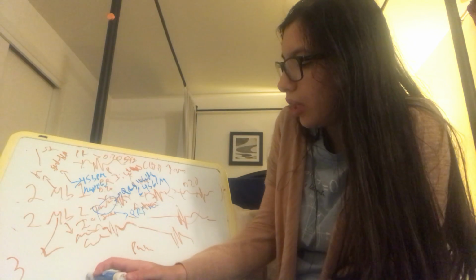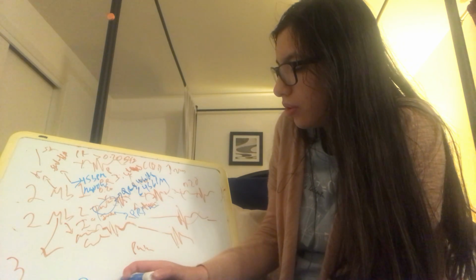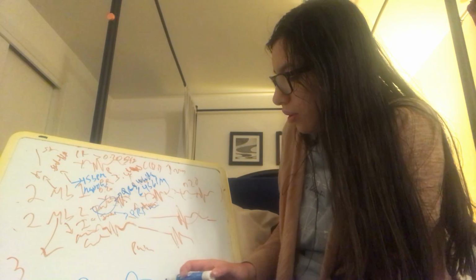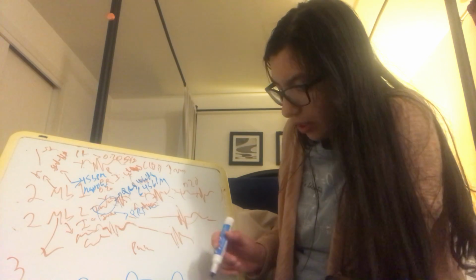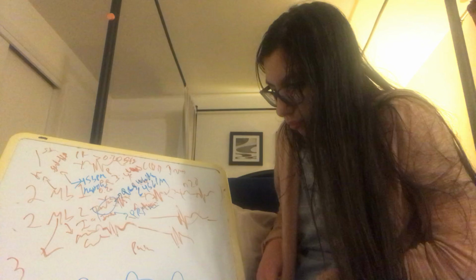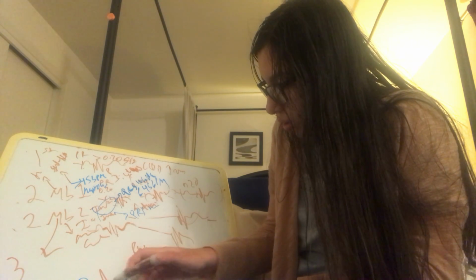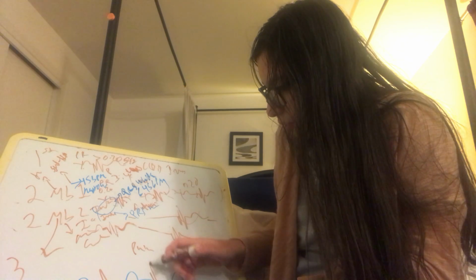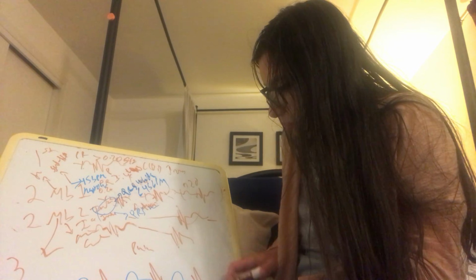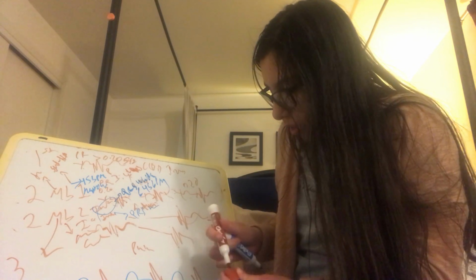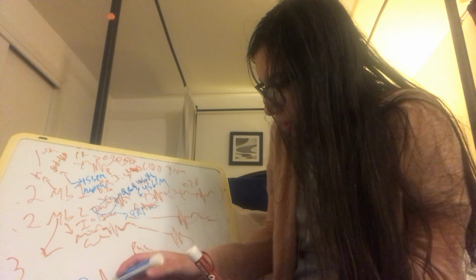So we have one frequency of P waves, P wave, P wave, and another frequency of QRS. Here I have a QRS complex, QRS complex, QRS complex. Most of the time the frequency of the P waves is much higher, so it's something like this.